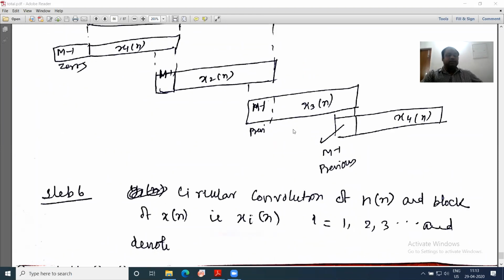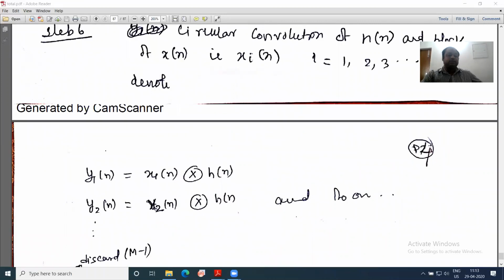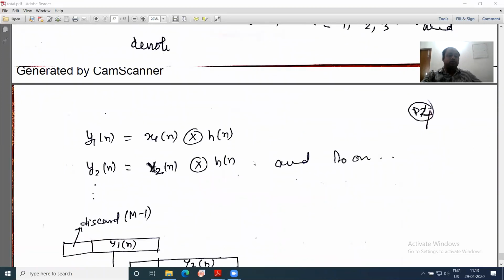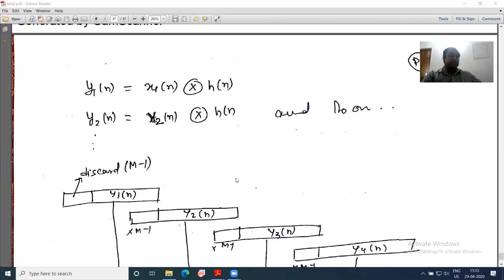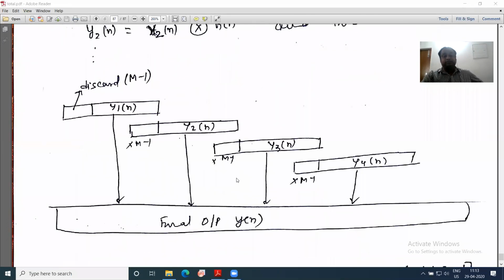Okay. Now, once you find the circular convolution of each block, then we have to combine all the sections.